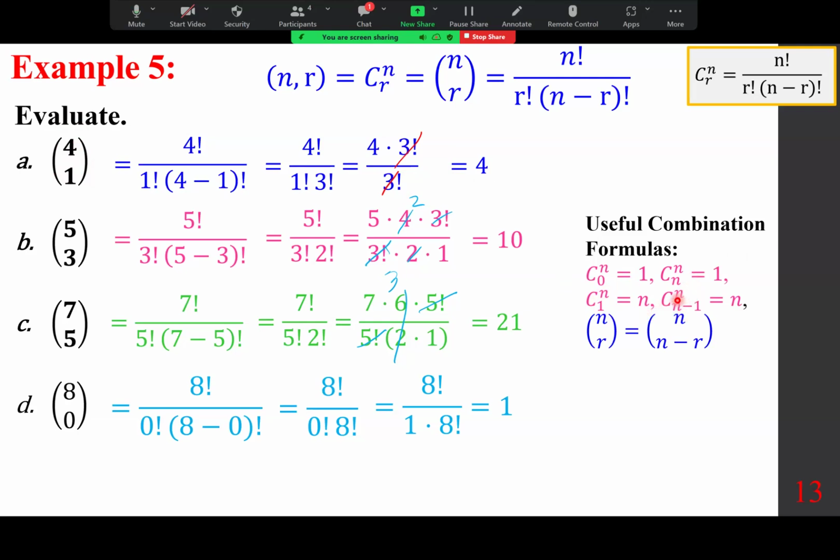CN with N minus 1 is N, for example, C10,9. If there's a difference of 1, you can try that. And two combinations, when the bottoms add up to N, they are identical. These are really useful combinations for the sake of the binomial theorem. It speeds up the process.